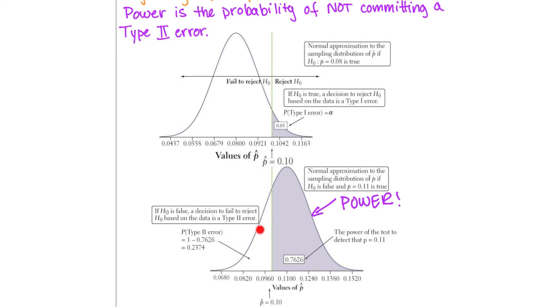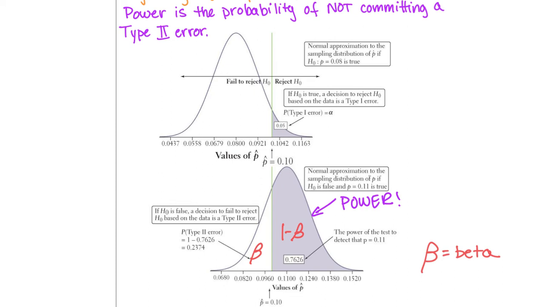Now this white region over here, notice this is the probability of committing a type 2 error. In statistics, we call the probability of committing a type 2 error beta. So if you're not familiar with that Greek letter, that is beta. So the probability to calculate our power would be 1 minus beta.